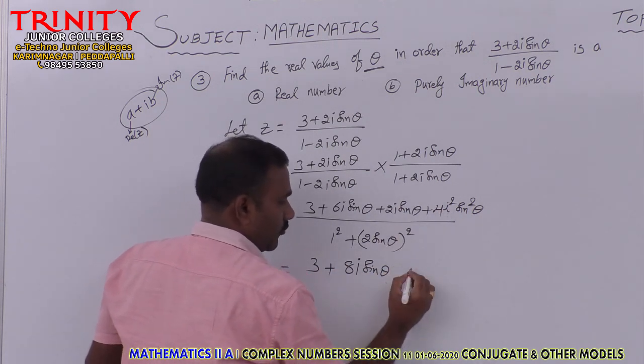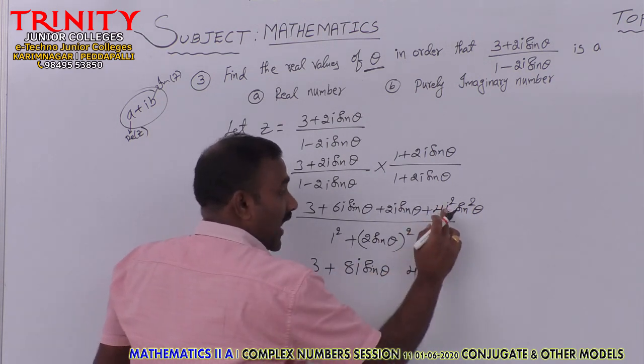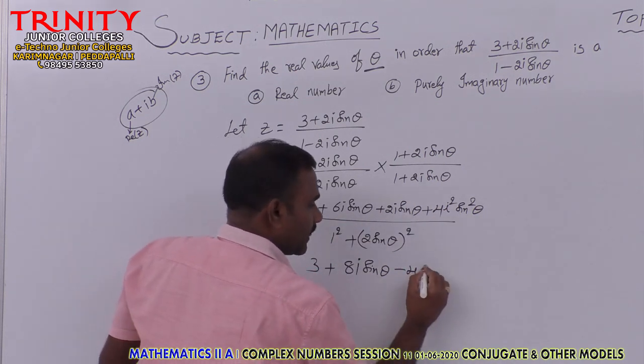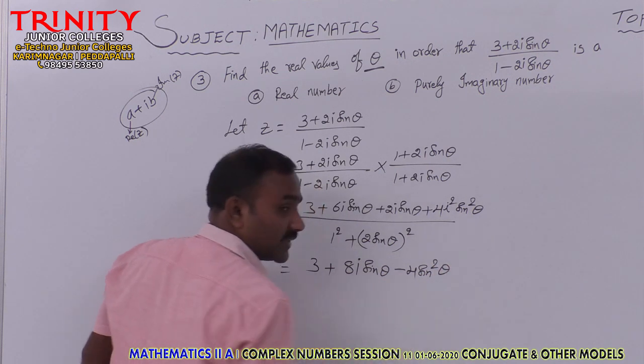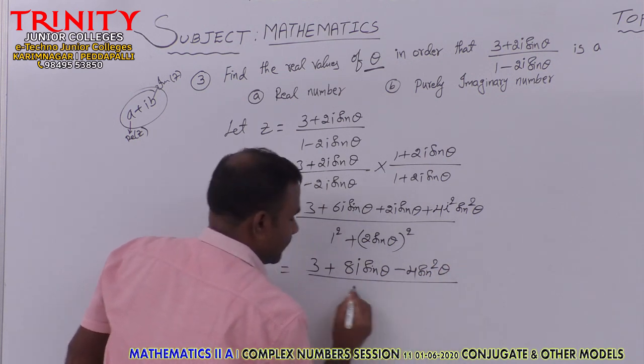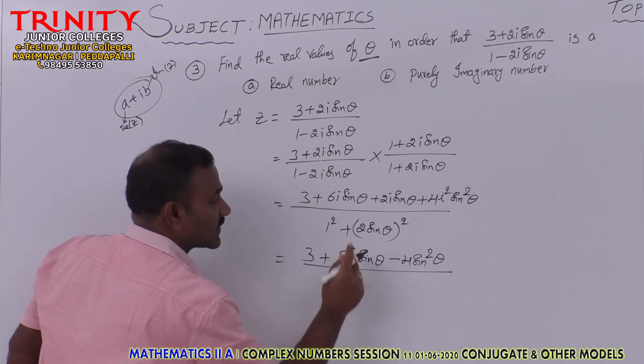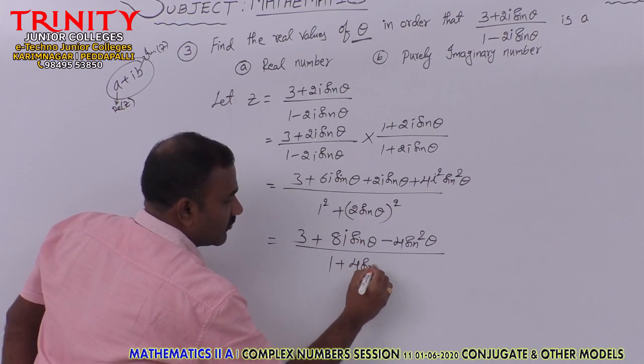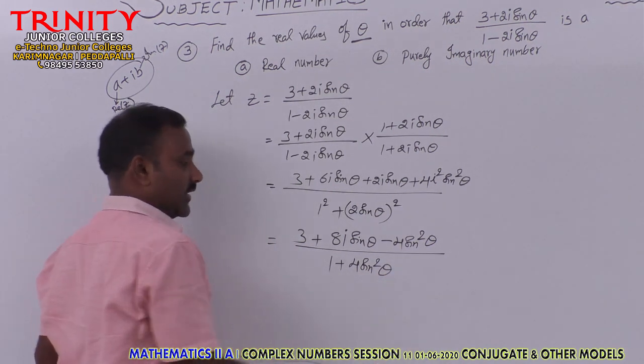Next, 4 as it is. i square value is minus 1, that is minus 4 sin square theta, divided by 1 square is 1 plus (2 sin theta) whole square, nothing but 4 sin square theta.